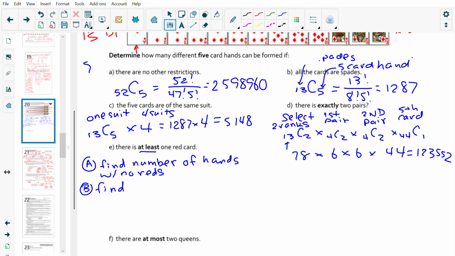Okay, and then B, find the number of hands with no restrictions, which we found in the very first part example. Okay, no restrictions.